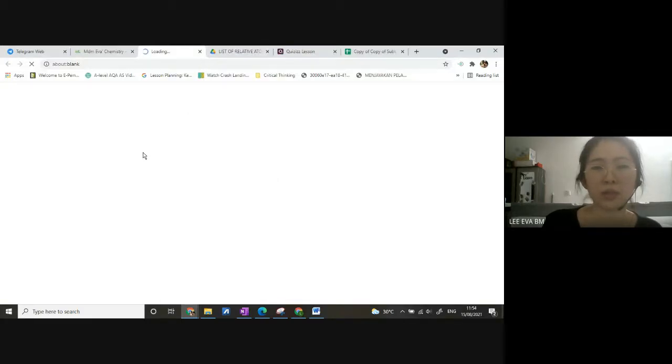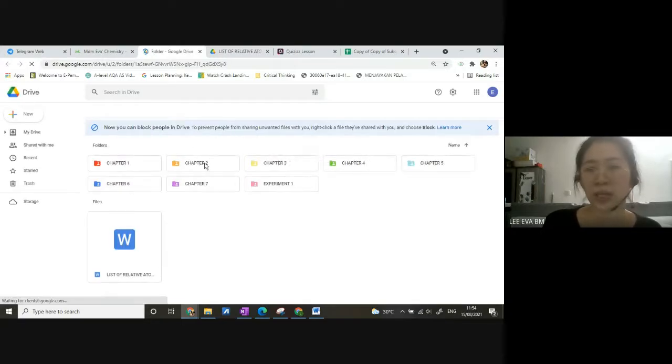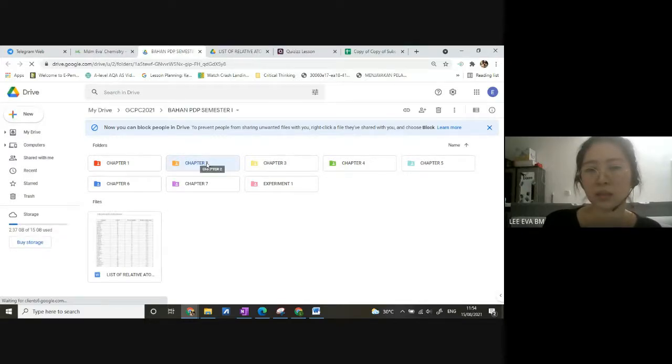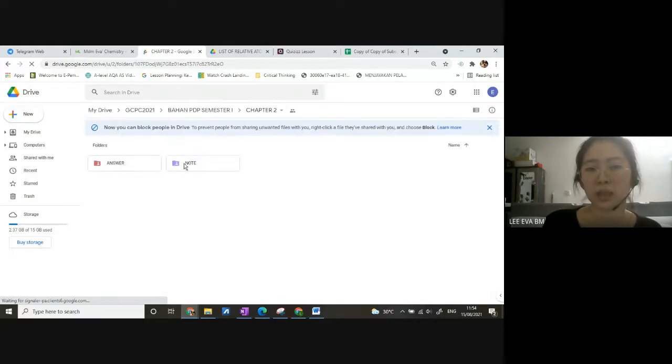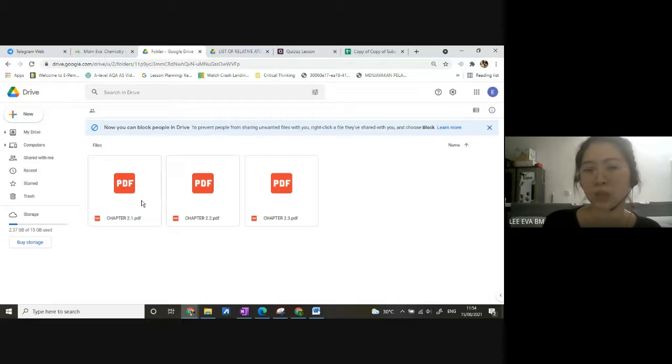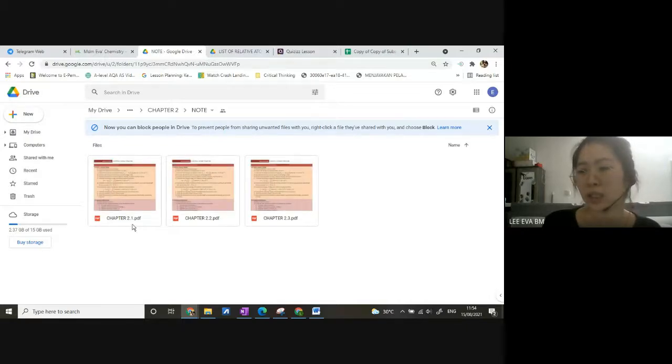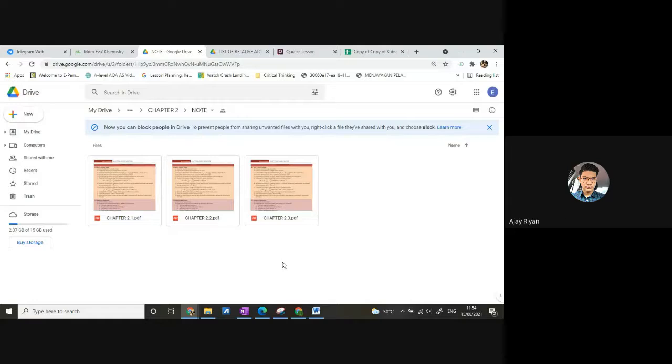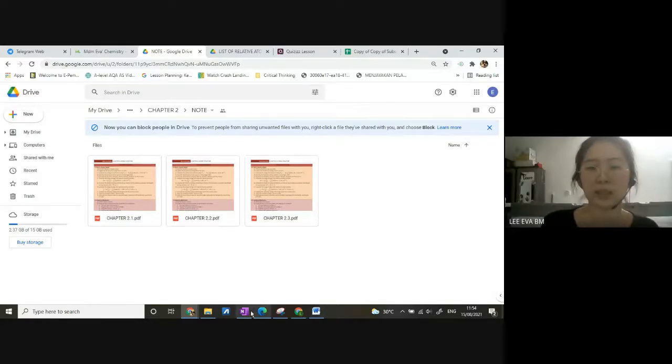Okay, when you go into your my notes, you will see there is 7 folder, represent 7 chapters. So ini adalah chapter yang kedua. So dalam chapter yang kedua ada nota. So ini 2.1. Yang lain dapat nota yang sama tak? Dapat. Sama ya. Okay.